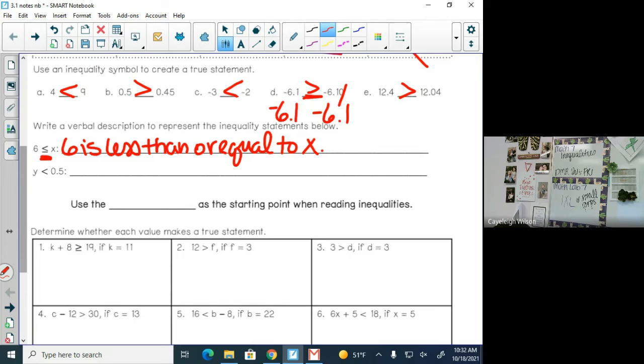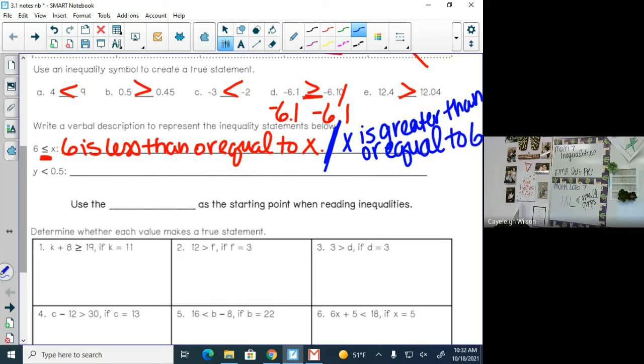How can Sophia read it if she starts with x? X is bigger, greater than or equal to 6. So I'm going to put another option: x is greater than or equal to 6. It just depends on how you read it, which side you start at.